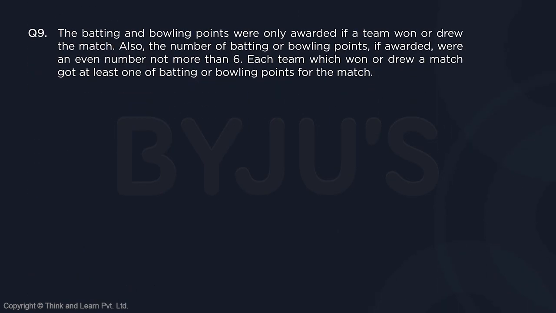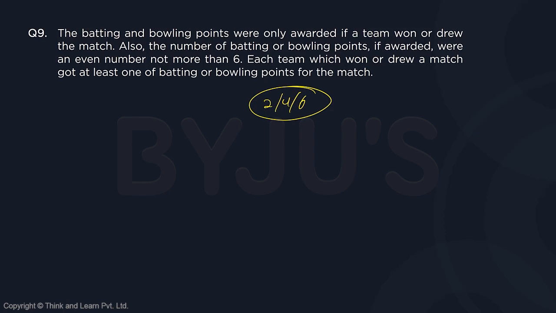Additional information for 9 and 10. The batting and bowling points were only awarded if a team either won or drew the match. Also, the number of batting and bowling points, if awarded, was an even number, not more than 6. So 2, 4, or 6 will be the points we were giving to the teams.